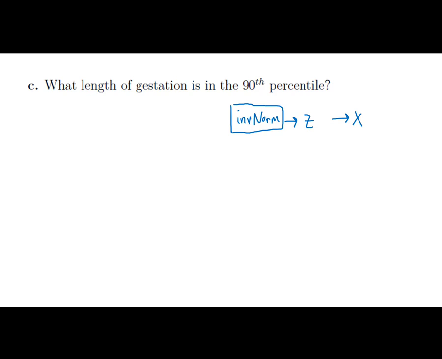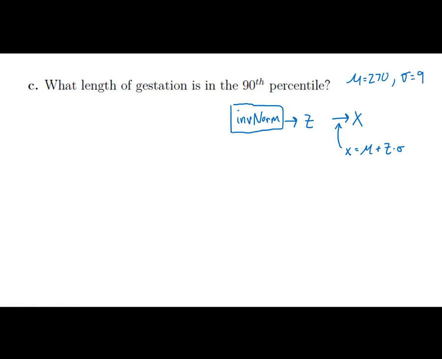Well, sure. Remember, we have a formula for this: x is equal to the mean plus z times the standard deviation. So if I can just figure out my z-score, then figuring out the length of gestation is as simple as plugging all these values in, because I know that my mean is 270, and my standard deviation is 9.